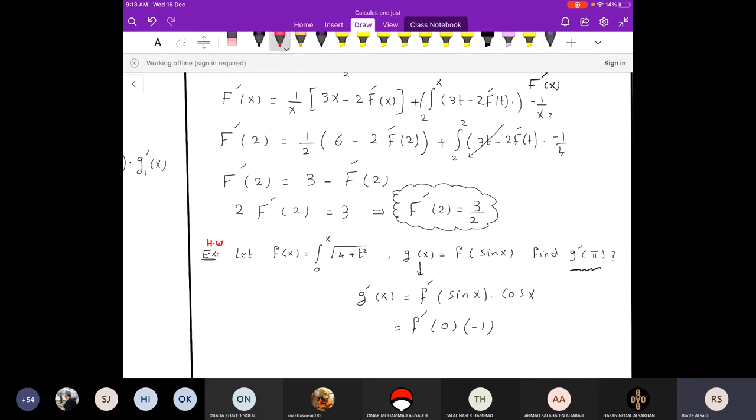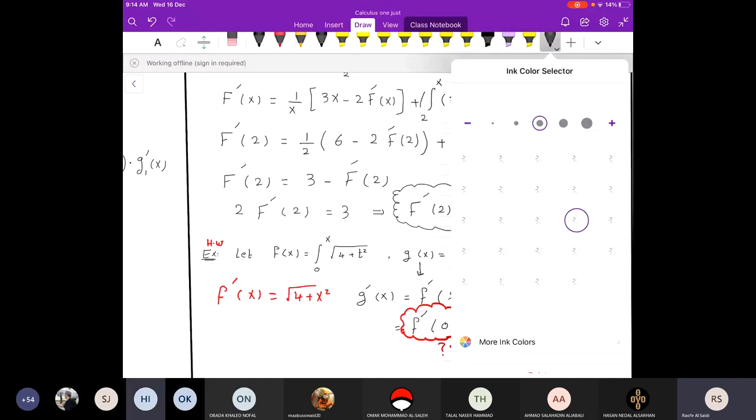Now we have a problem: what is the value of f prime of 0? Differentiate f: f prime of x equals the square root of 4 plus x squared, so f prime of 0 equals the square root of 4, which is 2.